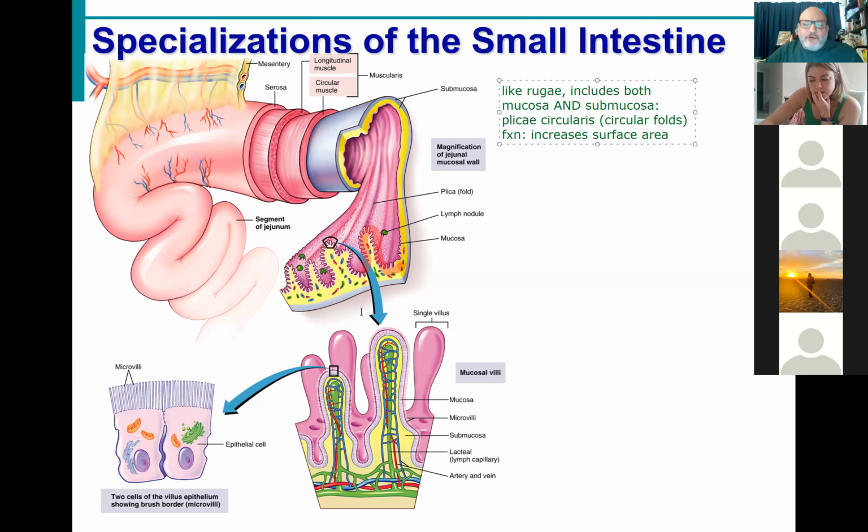Notice if we look closely at just the mucosa, and in this case, notice just the mucosa. This is actually mislabeled. So let's do this. This is not the submucosa. This would be the lamina propria. With that lamina propria, we would then see the muscularis mucosa down here like this. So just involving the mucosa.